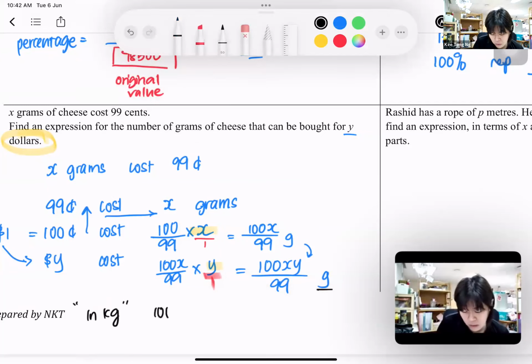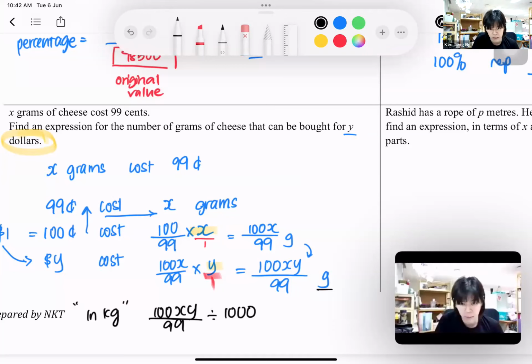Divide by 1000, right? So dividing by 1000 means I'm multiplying by 1 over 1000, right? Then this 1000 will go into the denominator. So this one will become 100XY over 99,000. Is there anything I can simplify?